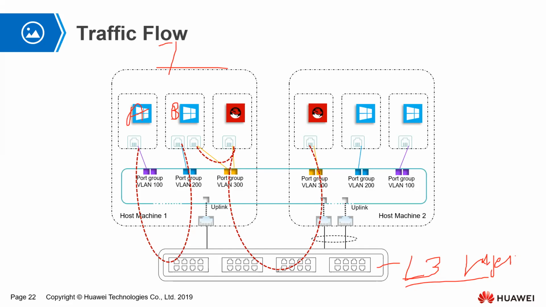It just switches them, and they are able to reach host machine 2 and virtual machine, let's say E. And that is how traffic flows in a virtualized environment.